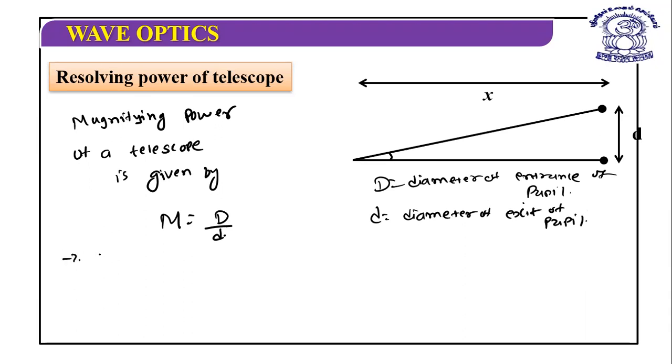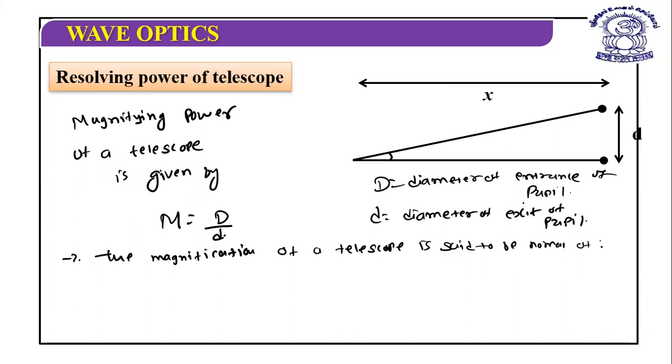The magnification of a telescope is said to be normal when the diameter of the exit pupil is equal to the diameter of the eye, so d is equal to dE. So the normal magnification is given by capital D upon small dE.